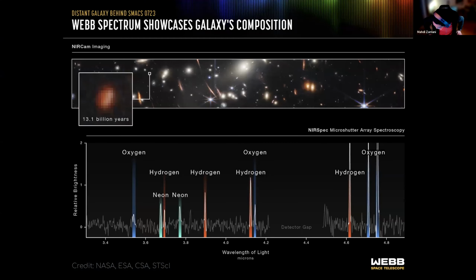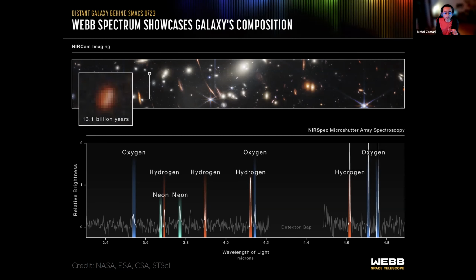Sometimes we color assign images based on the emission line of an element or of a molecule because we want all the colors. So we want the scientists to say, okay, the color orange you see in this image is hydrogen.